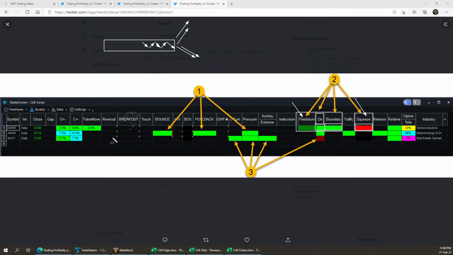Yesterday, Friday, market was down, but this stock from open went up by 3.9%. On a closing basis from Thursday, it was up by 4.9%, and it had a false move up, bullish false move 2.6%. That is, it tried to go down first but then reversed and went up.